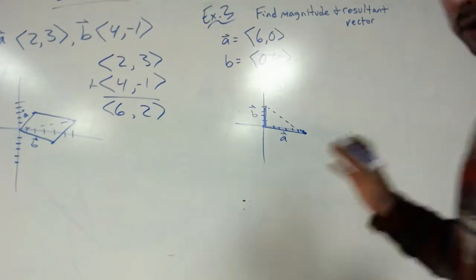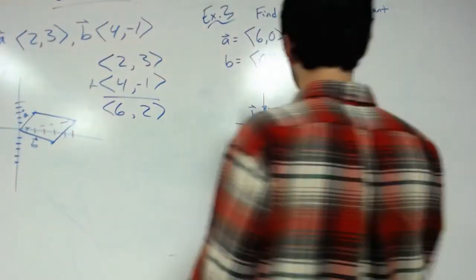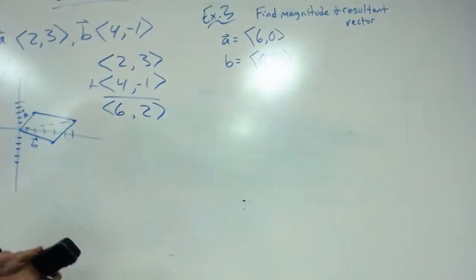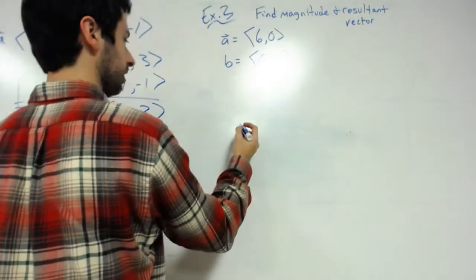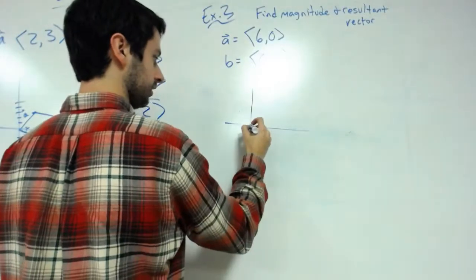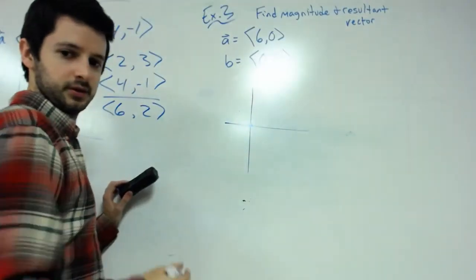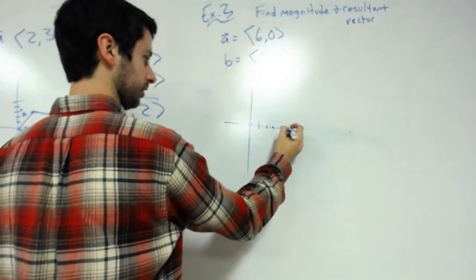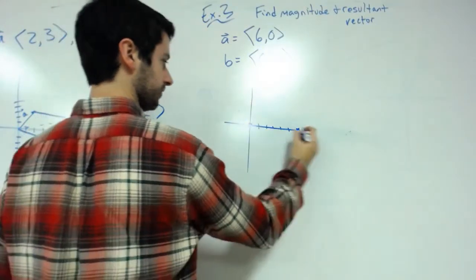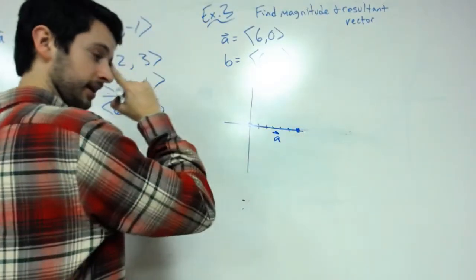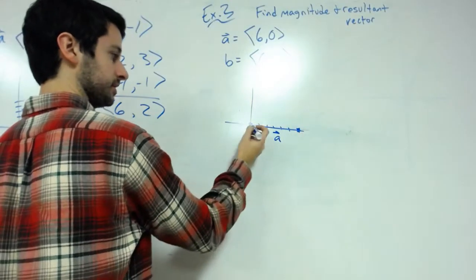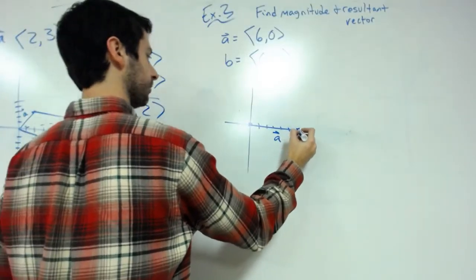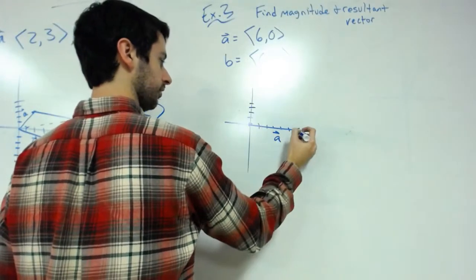Okay, my bad. One thing I messed up on here. We're using the head to tail method here. So this is a good example of how we would use it. Head to tail method means we're starting from the origin and we're going over 6, 0, so there's vector A. What head to tail method is, if we go from here, the end of vector A, and we start from this point and go up 4.